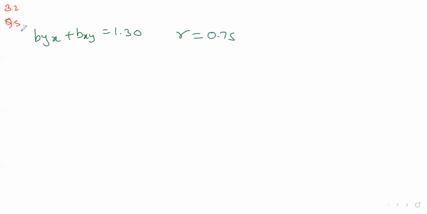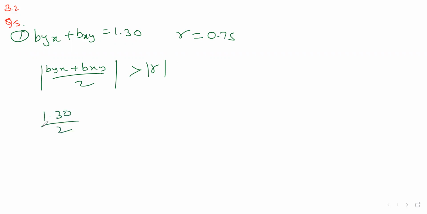Now the first case, they have asked us to examine and bring out the inconsistency in the data. The first one is byx plus bxy is 1.30 and r is 0.75. Now we have just seen that to make it consistent data, modulus of byx plus bxy upon 2 should be greater than modulus r. So this is 1.30 upon 2, that is 0.65. Modulus r is 0.75.